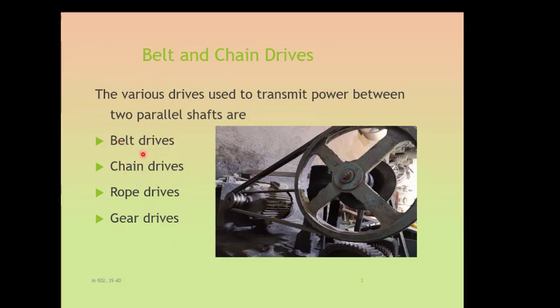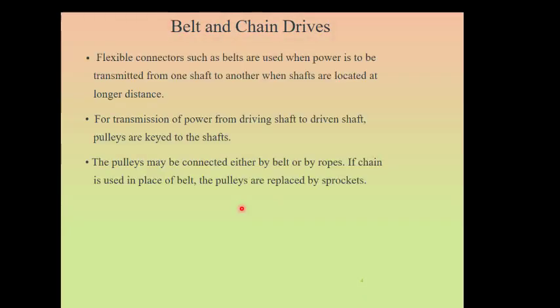Belt drive: the transmission of power between two shafts by a belt is called a belt drive. That means the belt is used to transmit power from one shaft to another shaft located at a longer distance.